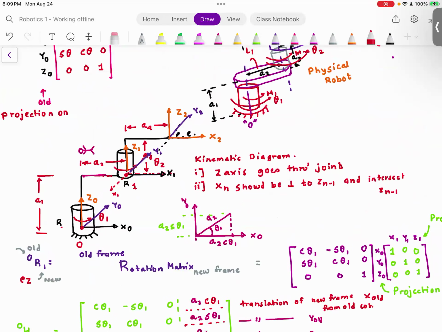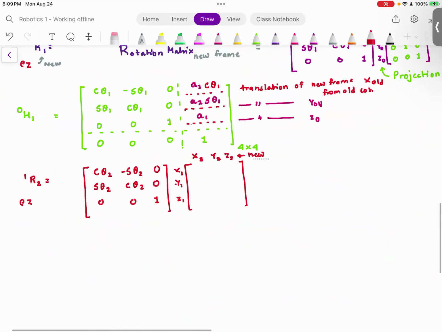Can you see x2 is aligned with x1? So the projection is going to be 1. y2 is aligned with y1 and z2 is aligned with z1. So this projection is going to be 1, 0, 0; 0, 1, 0; 0, 0, 1.